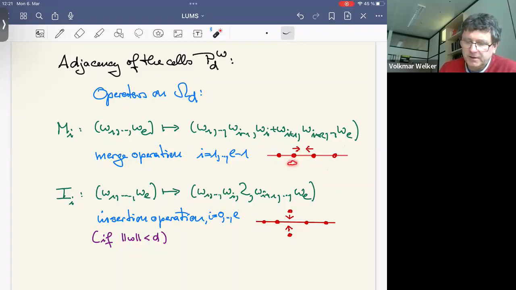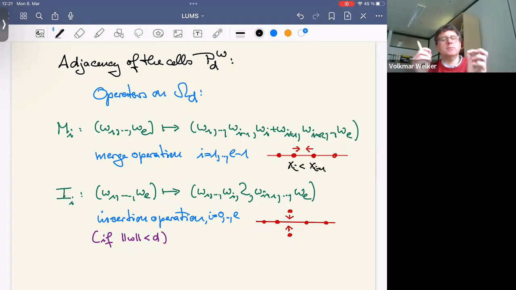So let's call this x_i, this root, and this is the root x_{i+1}, and they are inside a cell in this relation. But now, if you approach the boundary, they can come closer and closer, and finally, in the boundary, these two roots coincide.